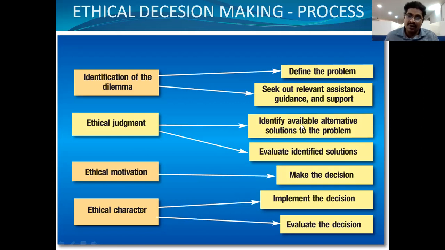So identify the availability of alternatives to solve our problem. That is the third step. Here, identify the available alternative solutions. Alternative solutions means different solutions to solve our problem.